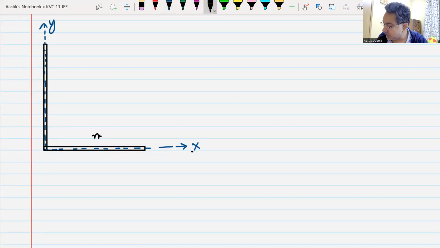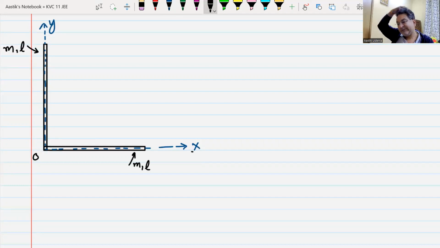Both the rods have mass m and length L, this one as well as this one. The origin lies here. You have to find out the center of mass of this L-shaped figure.